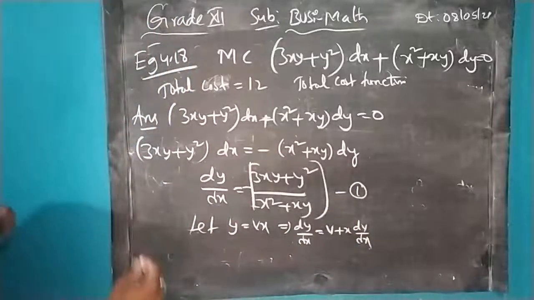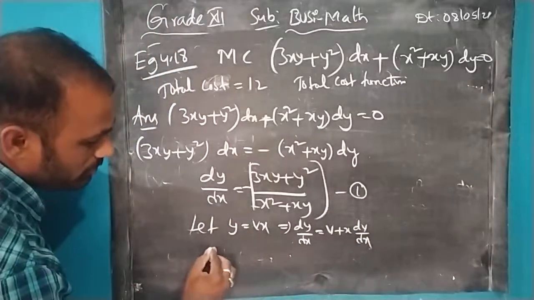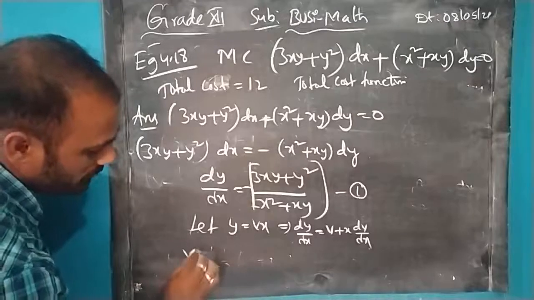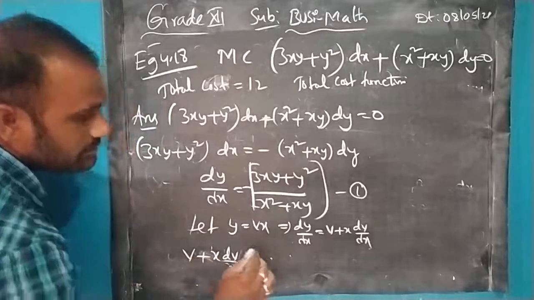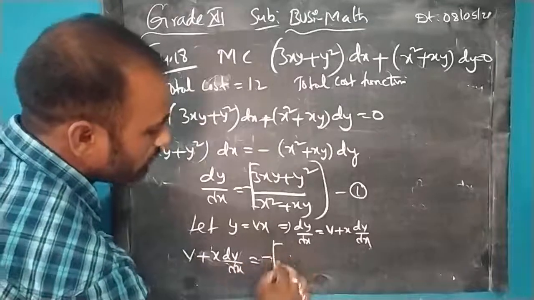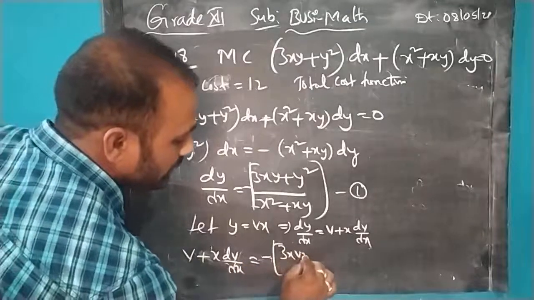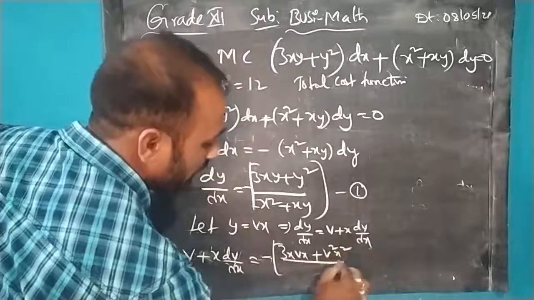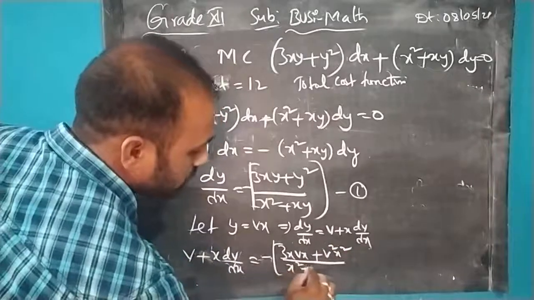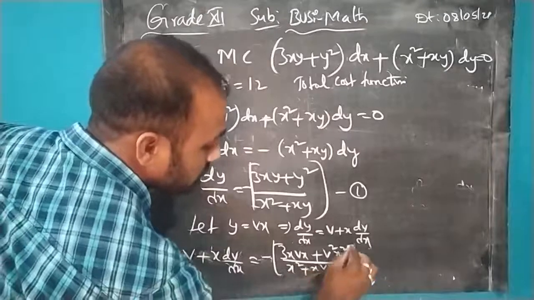If I replace this, what will it become? v plus x dv by dx is equal to minus of (3x vx plus v square x square) divided by (x square plus x vx). That is close.